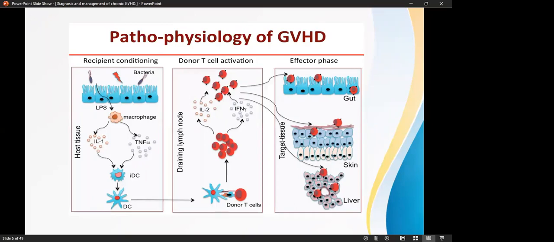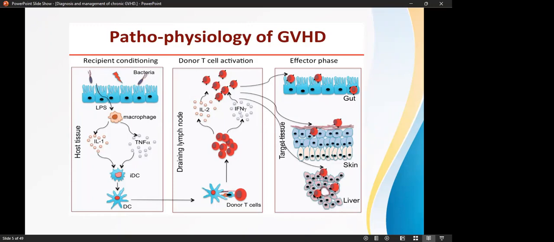And alloreactive T cells, during the effector phase, damage the recipient's gut, skin, epithelial and liver cells, the rapidly dividing cells of the gut, skin, and liver, leading to acute GVHD.